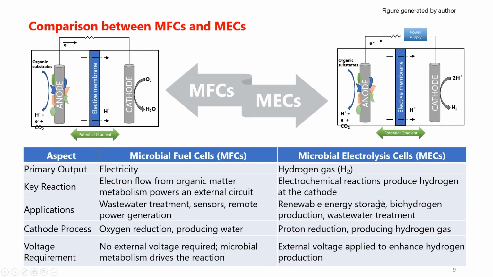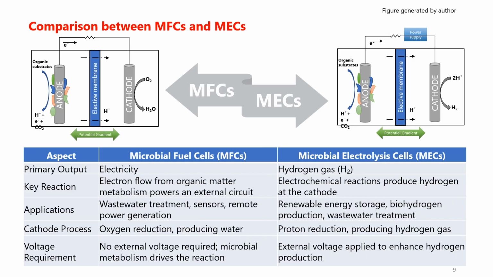And then the key reaction in MFCs is that electron flow from organic matter metabolism powers an external circuit, you can see over here. And in the case of the MECs, electrochemical reactions produce hydrogen at the cathode. The applications of MFCs are in wastewater treatment, as sensors, and remote power generation.